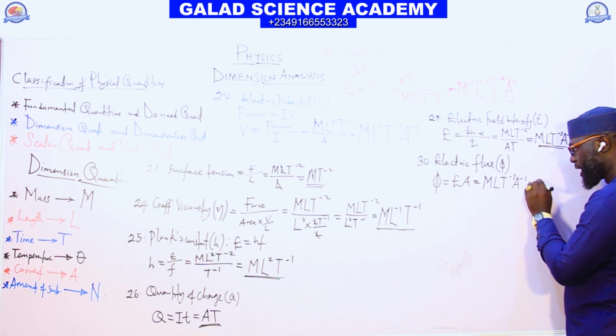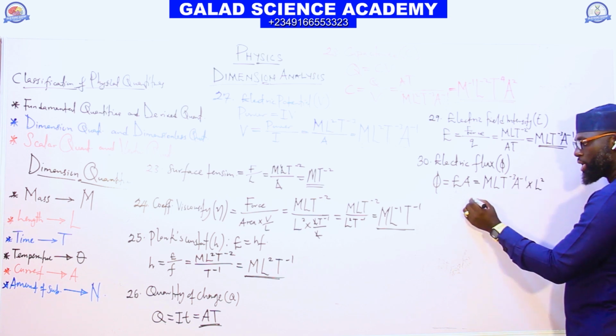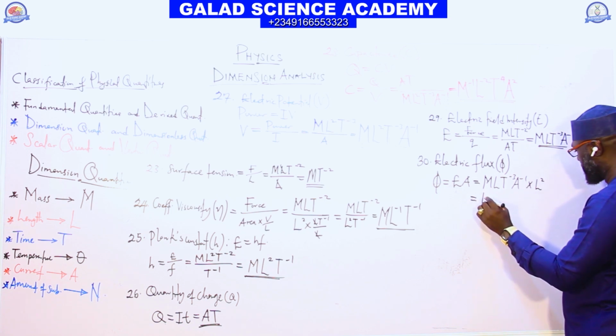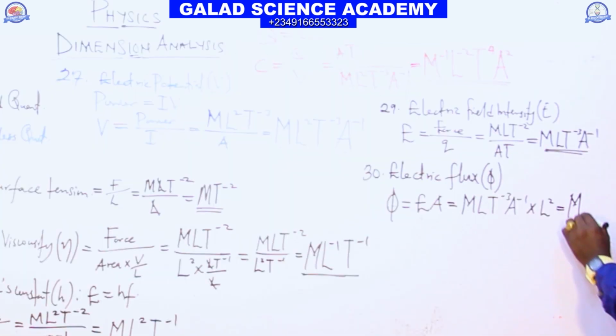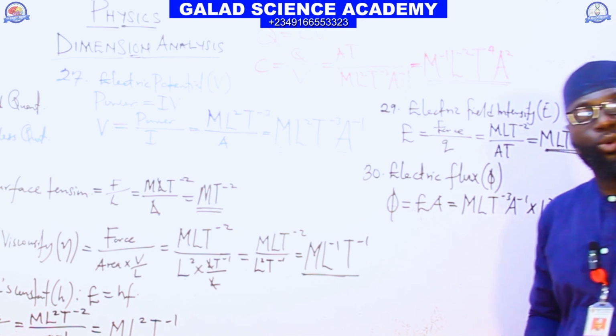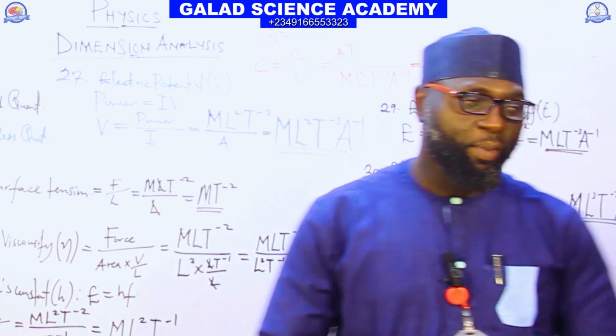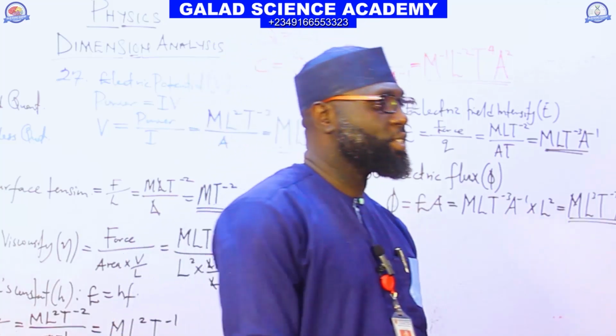Area is L square. So flux will be M L cubed T minus 3 A minus 1. So that is 30. Let me add 2 more extra.